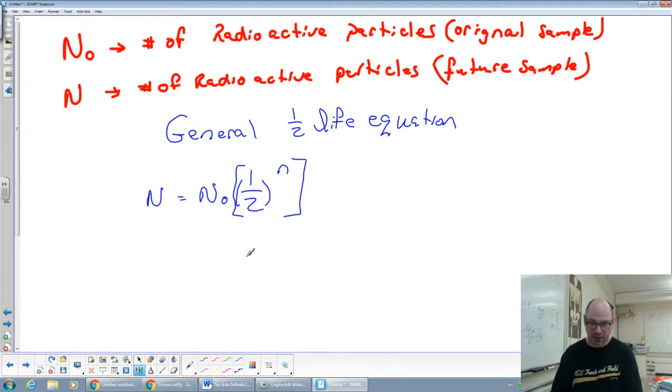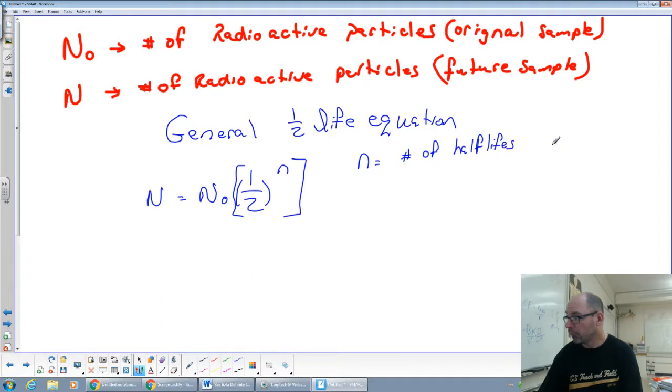You don't need the brackets in all likelihood. And this little n is equal to the number of half-lives that have occurred. Oh, just one R. What am I doing?